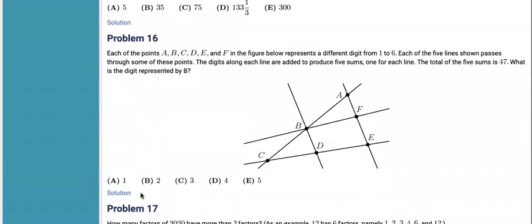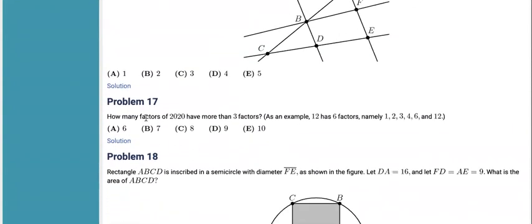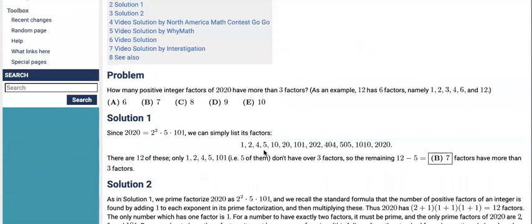Now, this one we said B was 5 because 47 minus 42 is 5. Yep. Okay, how many factors of this? This one was kind of a pain, but in the end, I think we decided 12 minus 5 is equal to 7, so it should be B. Yes.